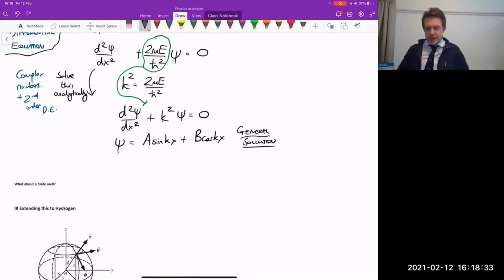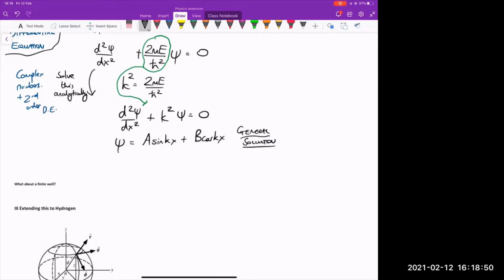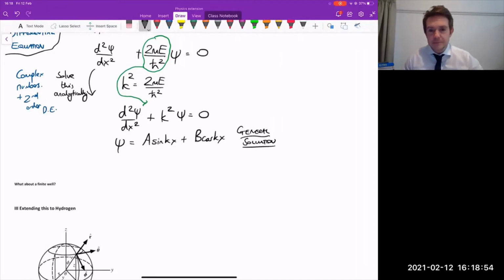And does anyone know how you could prove that that function is a solution to the equation above? What's the easiest way to show that it's a solution? Square it. Squaring it wouldn't work, we've not got a wave function squared in there.